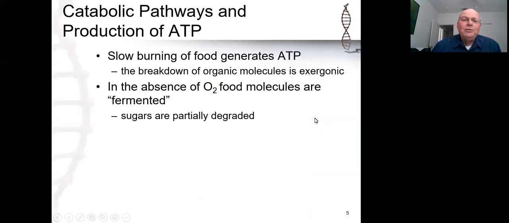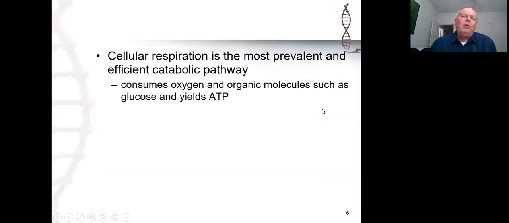One of the things that we do need to bear in mind is that because the primary way of carrying out cell respiration is in the presence of oxygen, it is not a bad analogy to think about it as a burning process. Unfortunately, when we think about burning, however, we think about the complete degradation of the fuel and the release of carbon dioxide and a whole bunch of heat in a very intense chemical reaction that we call fire.